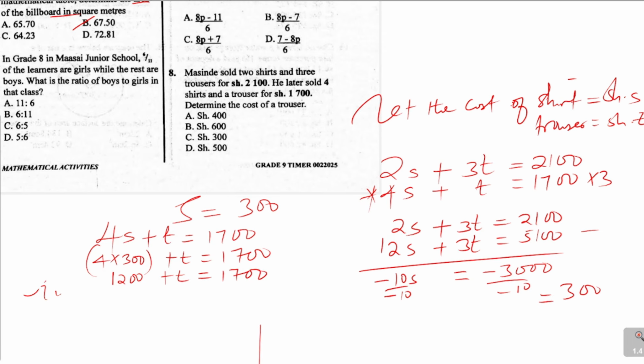So t will be given by, you simply take this one to the right hand side. So you're going to take 1700 subtract 1200, and so t will give 500. So 500 is the cost of a trouser. So by simply using the elimination method.